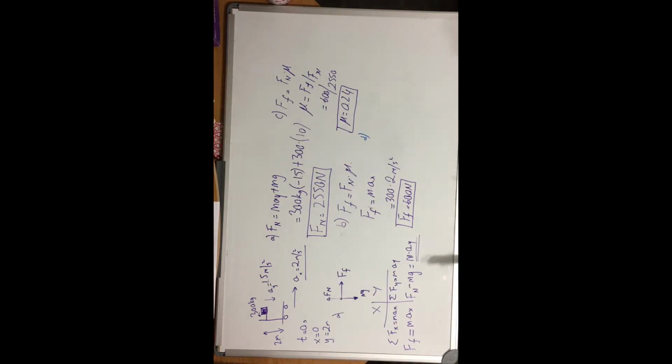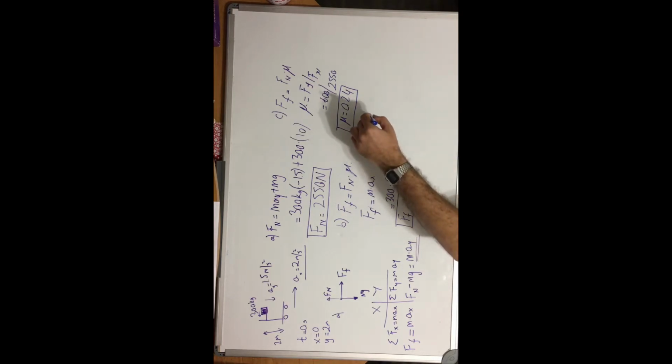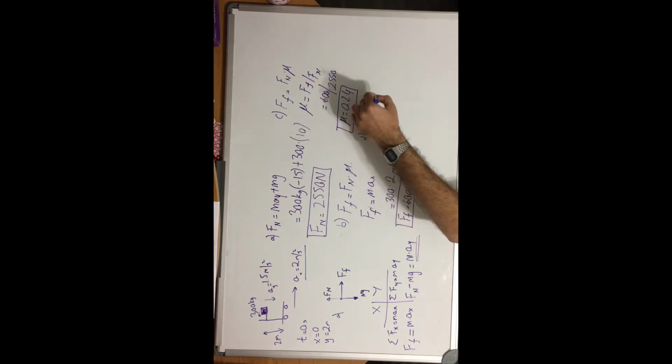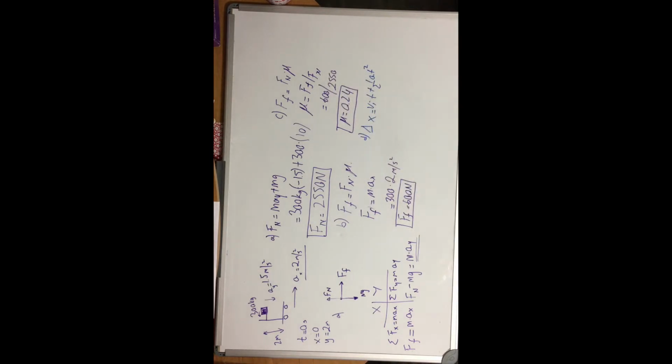Well, since x and y components, motion in the x-axis and motion in the y-axis, are independent from one another, but there's only one thing that is combining those two. That's time. So we are going to use the equation delta x equals v initial t plus 1/2 a t squared.